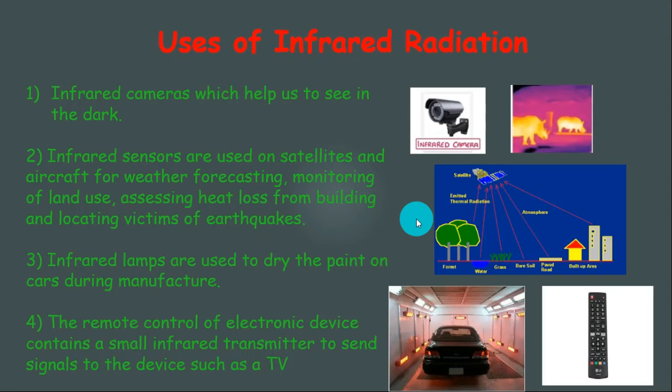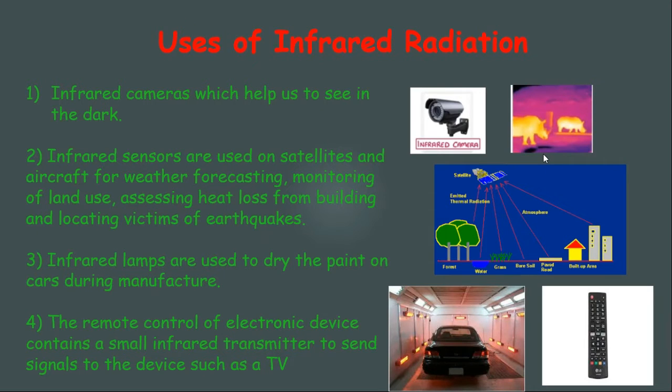Okay. Where do we use infrared radiation? The first one that we all know is infrared cameras, which help us to see in the dark. These cameras let us see the infrared radiation emitted by different objects around us.